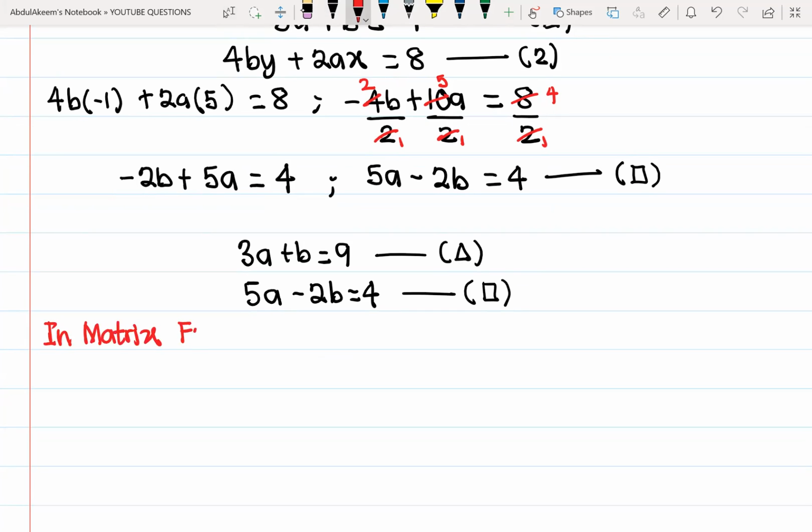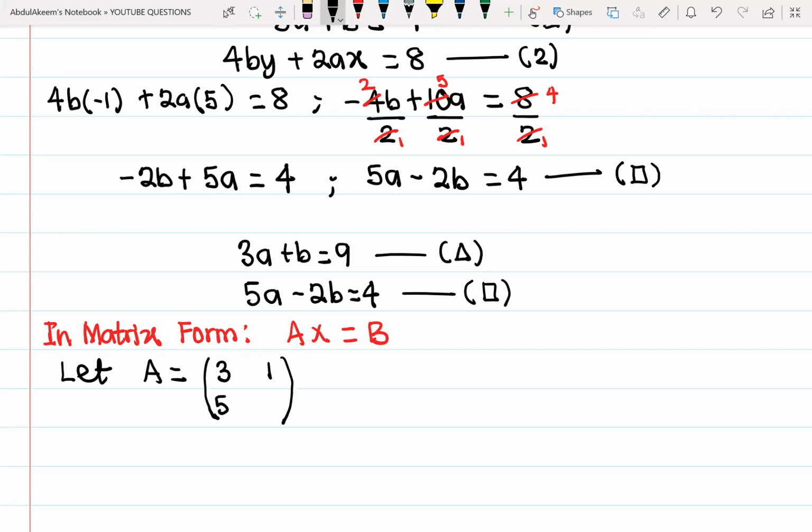In matrix form, this will become AX equals B. Let matrix A be all the coefficients on the left hand side. The coefficient of a in equation triangle is 3, the coefficient of b in equation triangle is 1, the coefficient of a in equation square is 5, and the coefficient of b in equation square is minus 2.